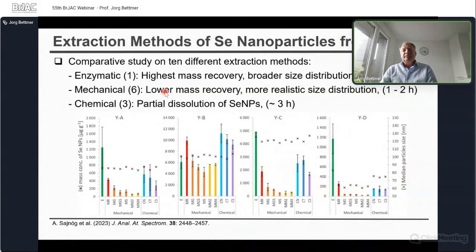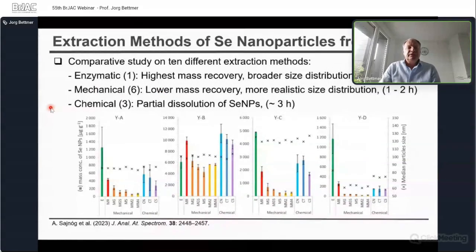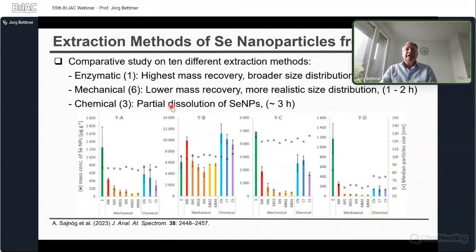However, the particle number concentration that you extract from the material is also much lower, which is of course a disadvantage. The other alternative would have been the use of chemical extraction methods. However, what they observed is that the present selenium nanoparticles partially dissolved.